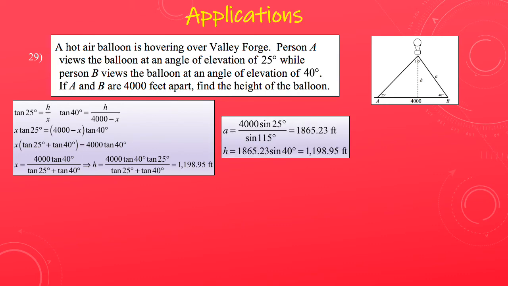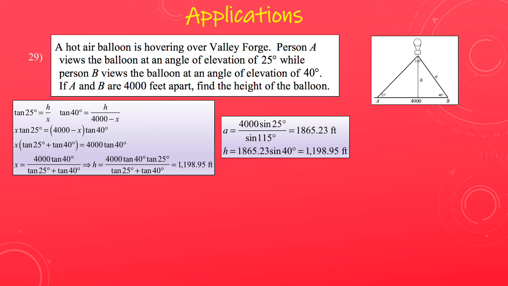Using the law of sines, this is much easier. We still want to find h, and h is not part of the oblique triangle. However, we know that in triangle ABC, we can get angle C to be 115 degrees.